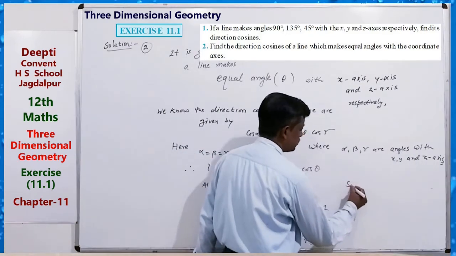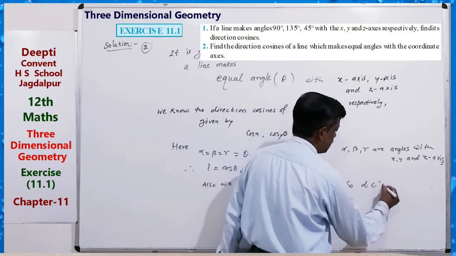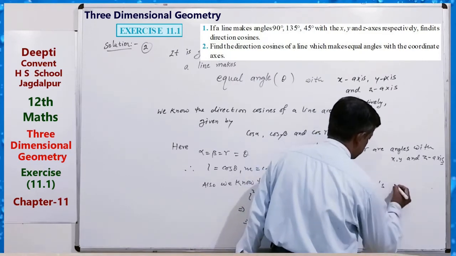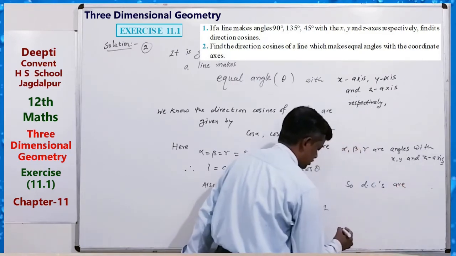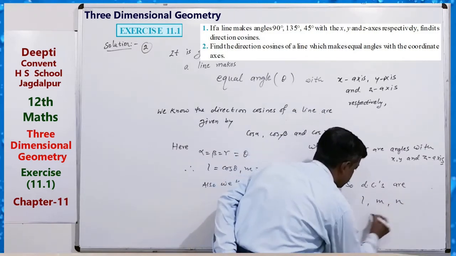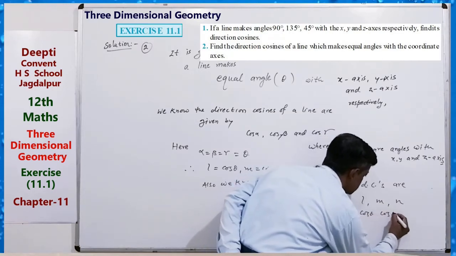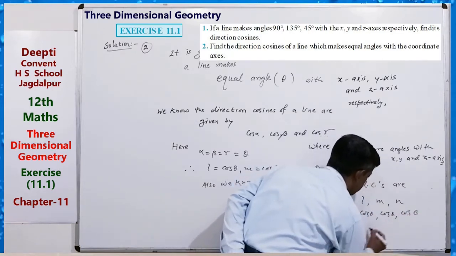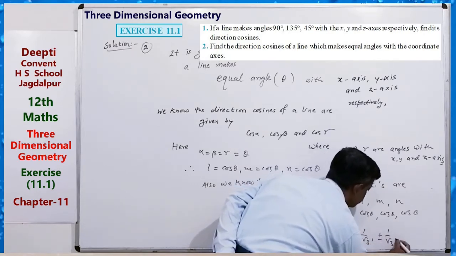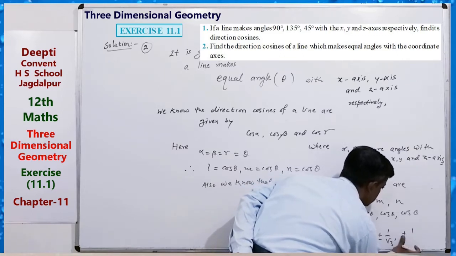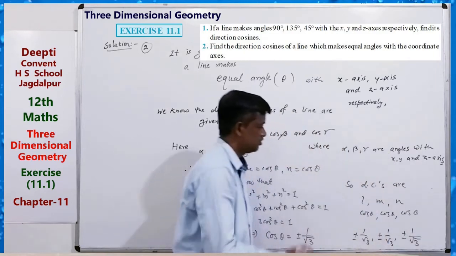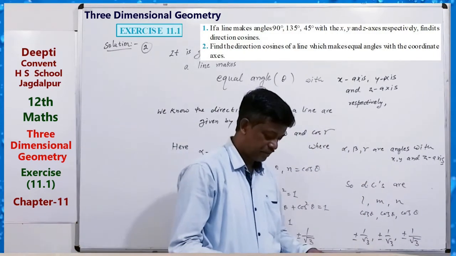So direction cosines L, M, N, that is cos theta, cos theta, cos theta, that is plus minus 1 by root 3, plus minus 1 by root 3, plus minus 1 by root 3. So these are the direction cosines. Okay.